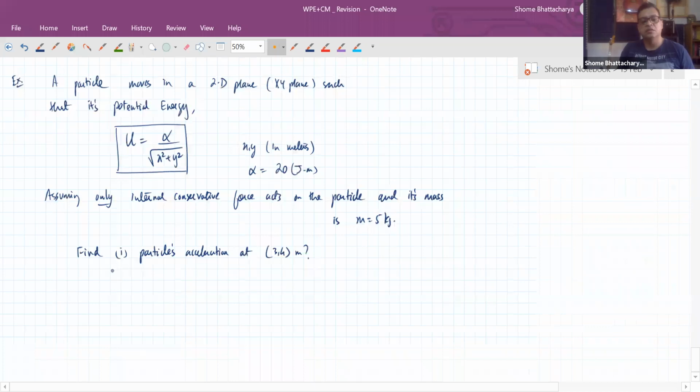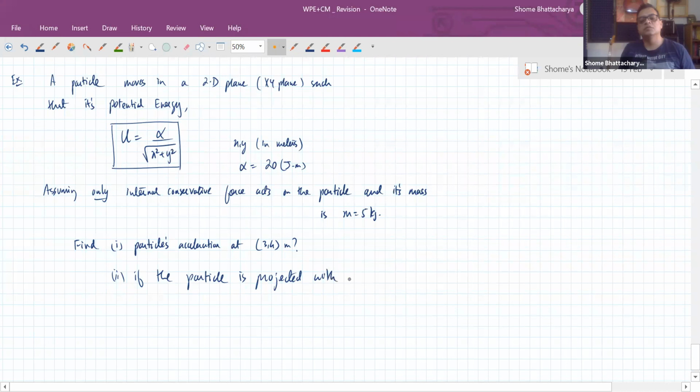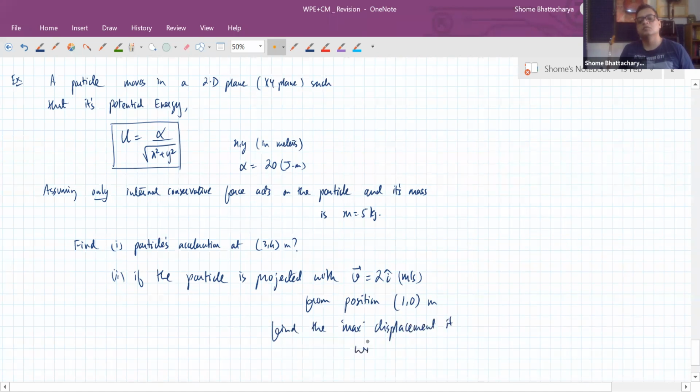And secondly, if the particle is projected with v equal to 2 I cap in meters per second from the position 1, 0, find the maximum displacement it will make. Okay, so just give this question a try. We will discuss this in a moment.